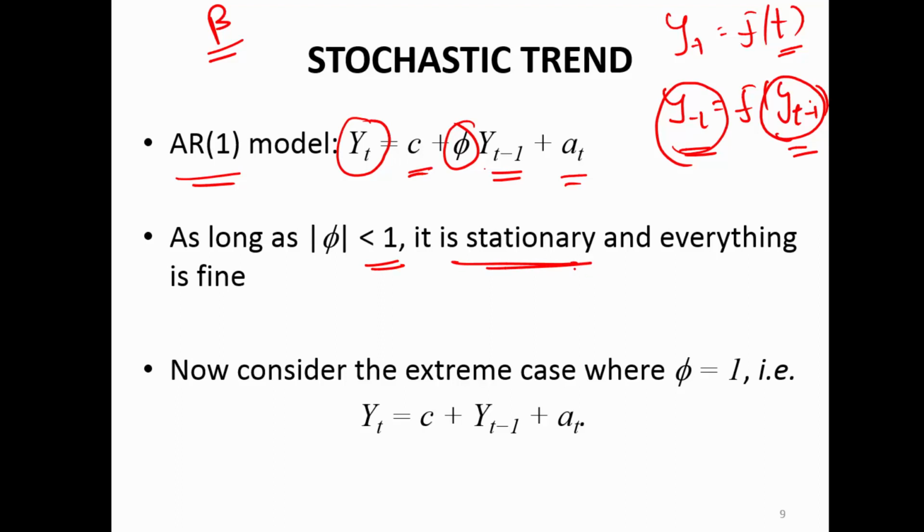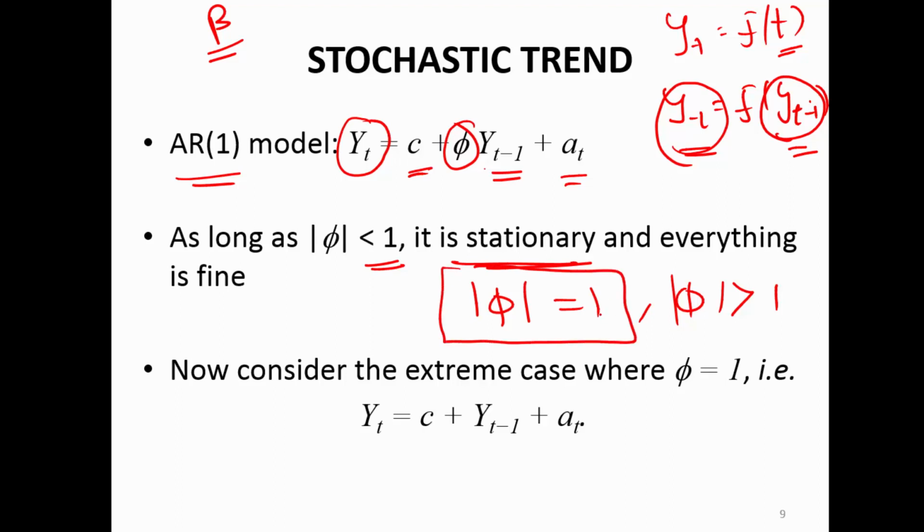We can simply go ahead with forecasting the future values, and everything is fine. But there could be cases where the modulus of phi is 1, or the modulus of phi is greater than 1. Our topic in this particular session will be more concerned with the cases where we have phi equal to 1. So how do we deal with such a case? How do we define this, and what exactly is the situation when the modulus of phi is 1?